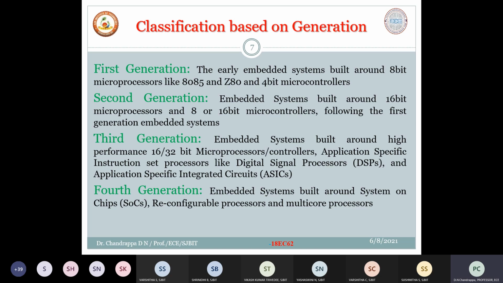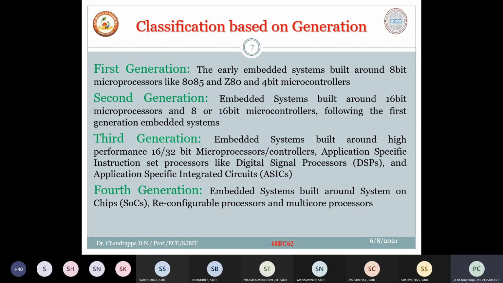Based on generation, mainly we have four classifications: the first generation, second generation, third generation, and fourth generation.